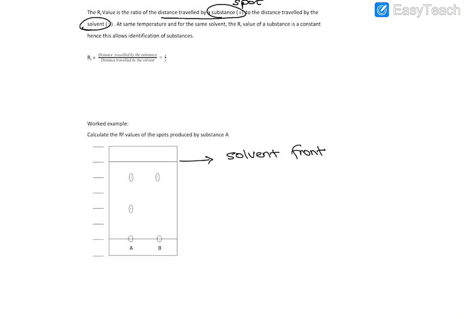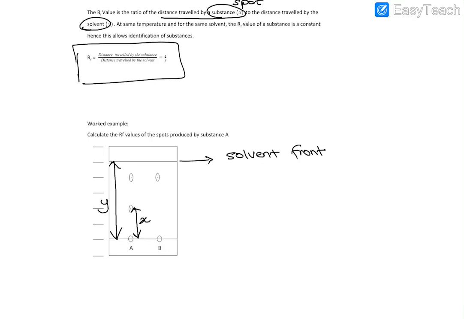And so the RF value is going to be a ratio, the distance traveled by the spot to the distance traveled by the solvent. So if that is distance x and that is distance y, then the RF value is going to be given by x over y.